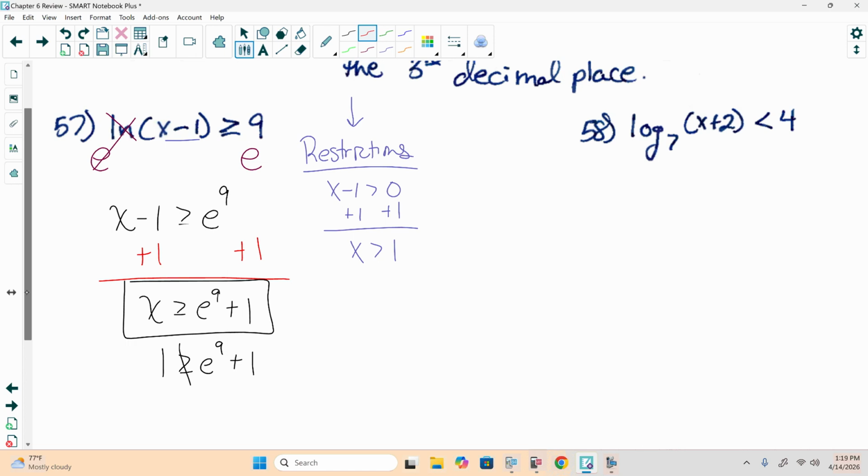While we're at it, we can go on and look at 58. Restrictions. What's inside the logarithm? X plus 2 has to be greater than 0. Or realistically, we're saying that x has to be greater than negative 2. That's fine.